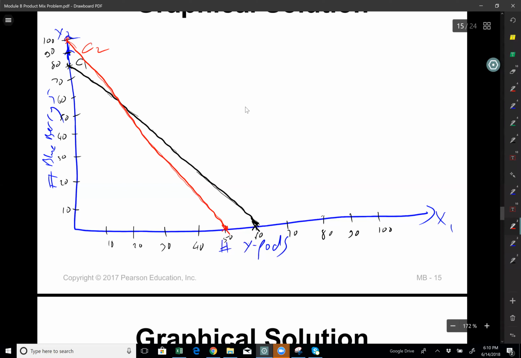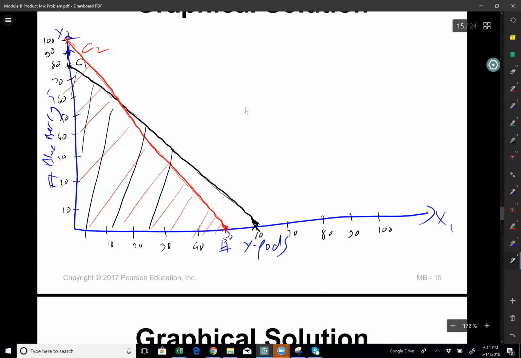And I know that these are not equations. If they were equations, they would be these two lines, black and red. But since these are less than or equal to constraints, we are talking about the area under the red line as the feasible region for constraint number 2, and the area under this black line as the feasible region for constraint number 1.